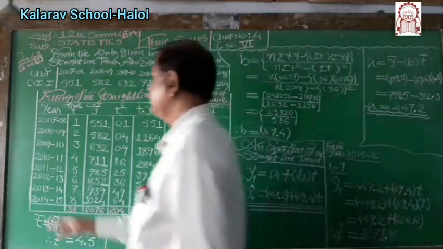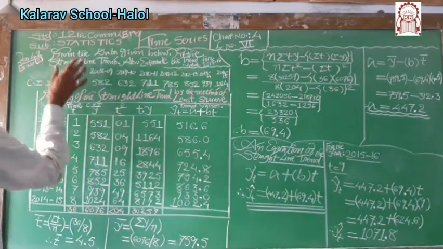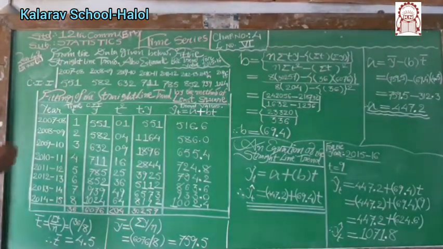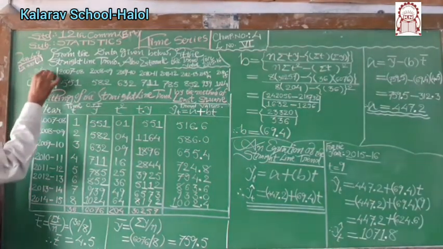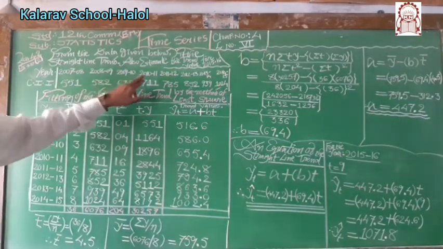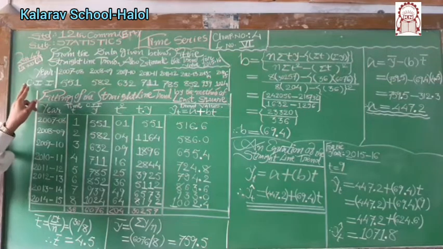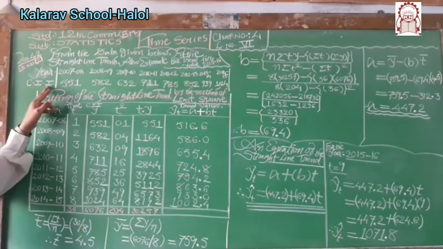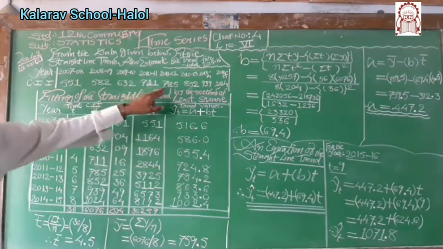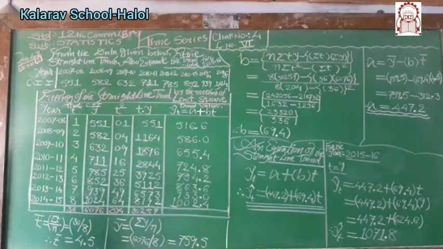Now the years are given: 2007-8, 8-9, 9-10, 10-11 up to 2014-15. And the cost inflation index numbers are 551, 582, 632, 711, 785, 852, 939, 1024.